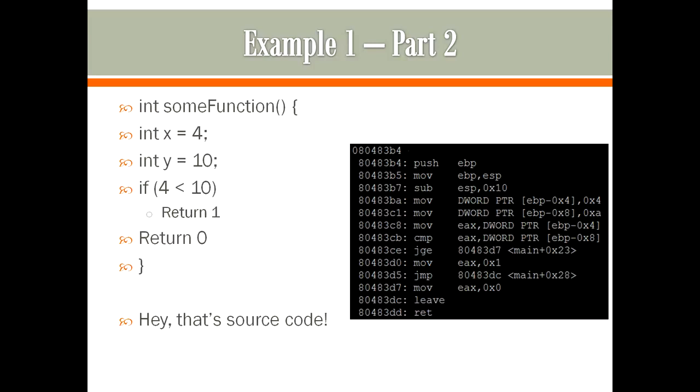Before, we noted the condition as if 4 is greater than or equal to 10. But since the source code should reflect the opposite of the jump instruction, we change it to if 4 is less than 10. Since the jump is not taken because 4 is less than 10, we will return 1. Otherwise, we return 0. Now we have our completed source code for our program.